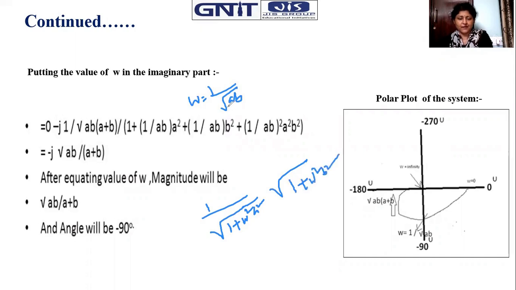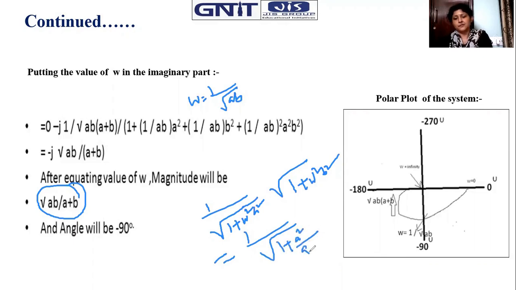So if you put in the value of root under AB, what will you observe? Very simple. 1 divided by root under 1 plus A square by AB, then 1 plus B square by AB. A cancels, B cancels.